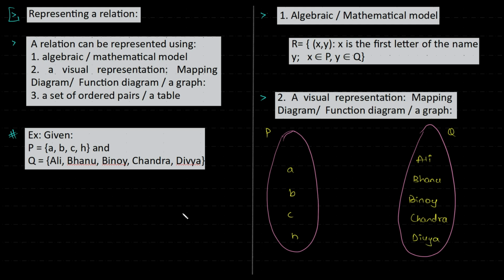Now, A is related to Ali, B to Bhanu and Binoy, and C to Chandra. That's it, right? So this is how you can represent the same relationship R. Okay, so this is a visual representation. This is known as a mapping diagram.